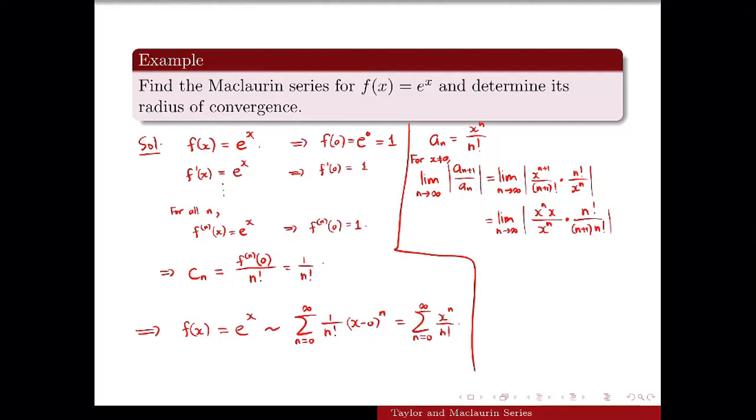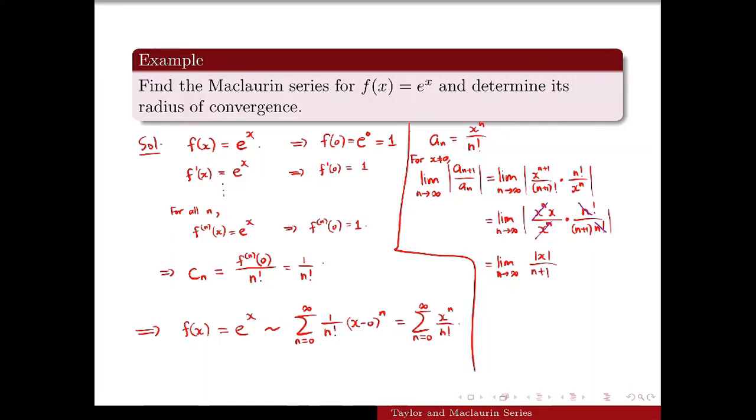I hope you remember what we did in this part, but anyway, let's show that again. So this guy here will cancel, and this guy here, also this and this. So we will end up with the limit as n approaches plus infinity of the absolute value of x over n plus 1.